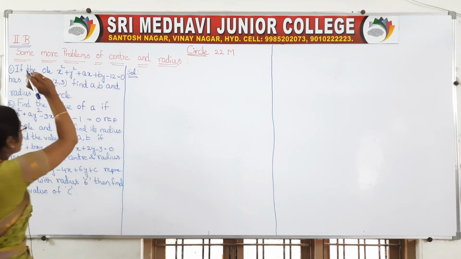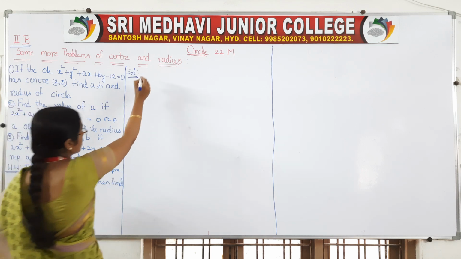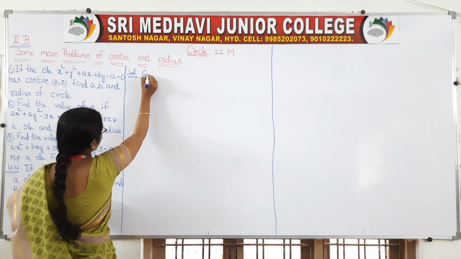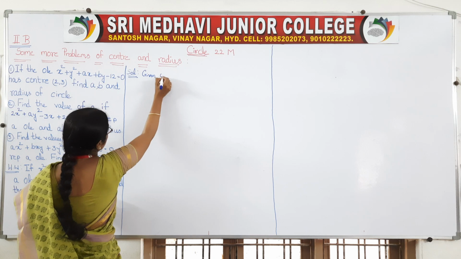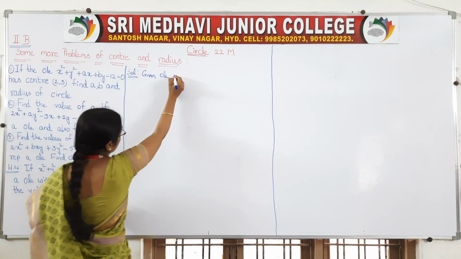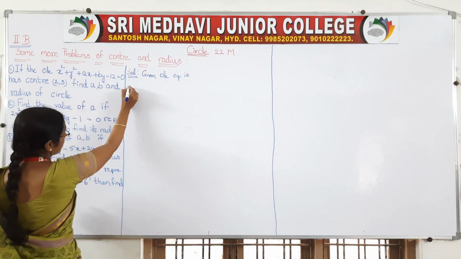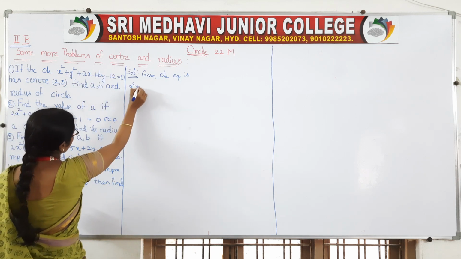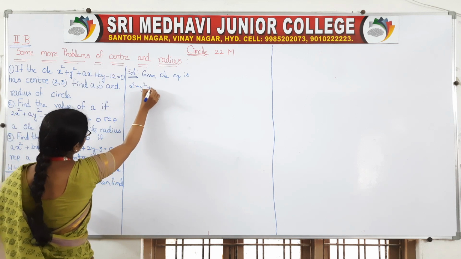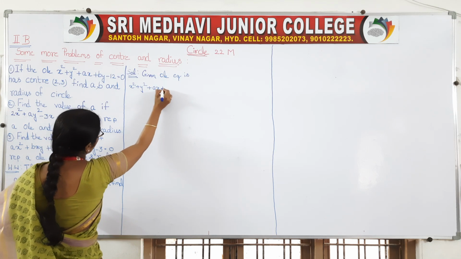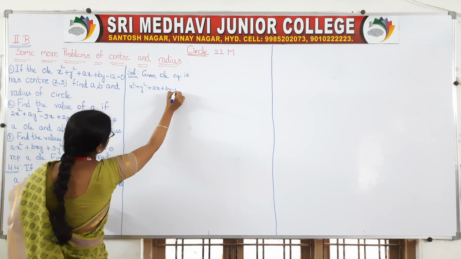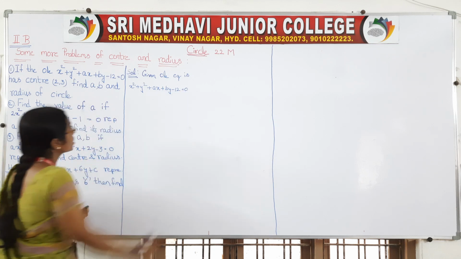What is the given circle equation? First write down given circle equation: x square plus y square plus ax plus by minus 12 is equal to 0.